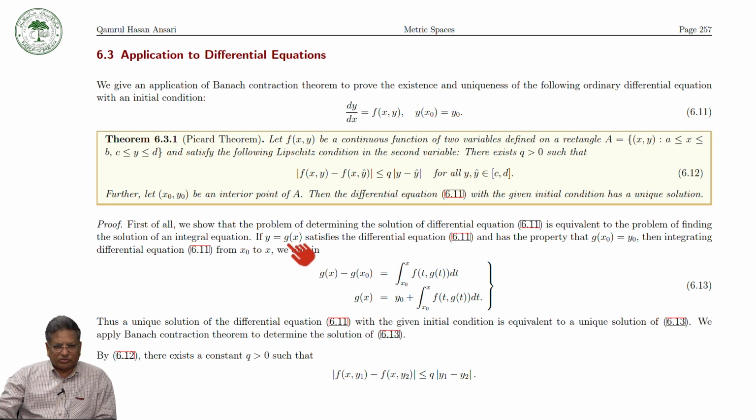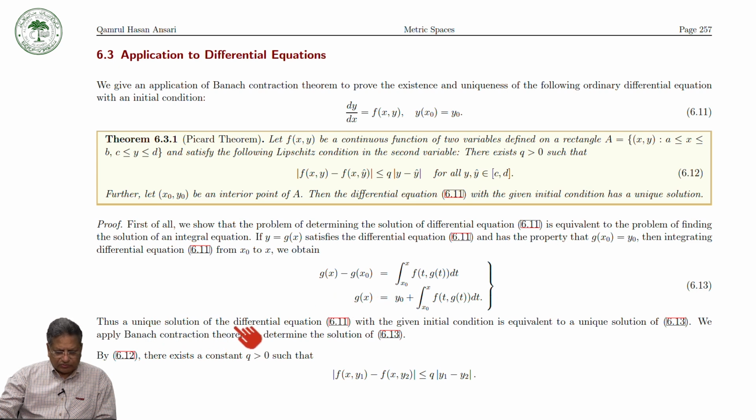If y equal to g(x) satisfies the differential equation and the initial condition holds, then integrating the differential equation on both sides from x0 to x, we obtain g(x) - g(x0) equal to the integral from x0 to x of f(t, g(t)) dt, so that g(x) is equal to y0 plus this integral.